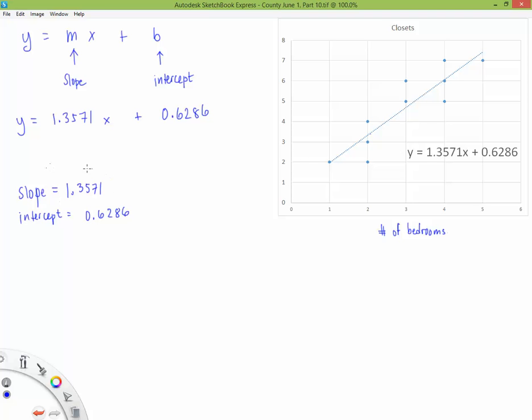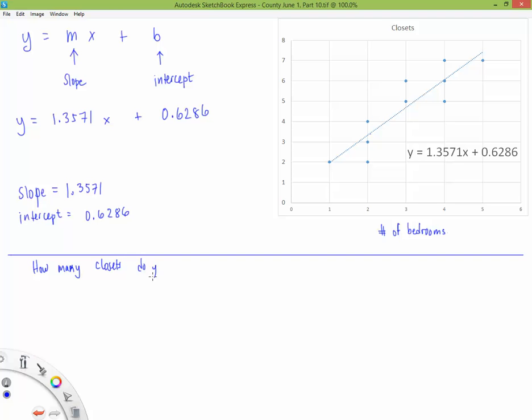So I want to talk about what this slope means. And so to illustrate this, how many closets do you predict? And you can make a little table.